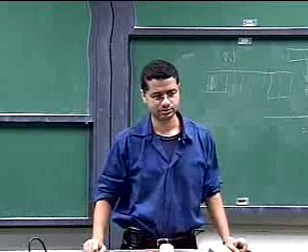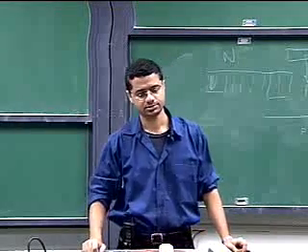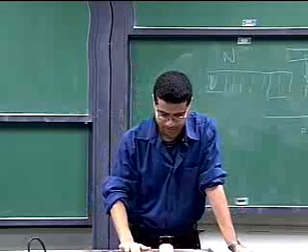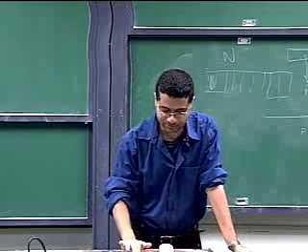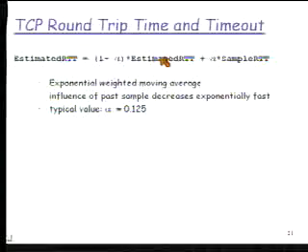Somebody had a question here? Yeah. Initially, what would we use to set up the estimated RTT? Okay, good question. So what is the first value here? The first value that is used depends upon the implementation of TCP.